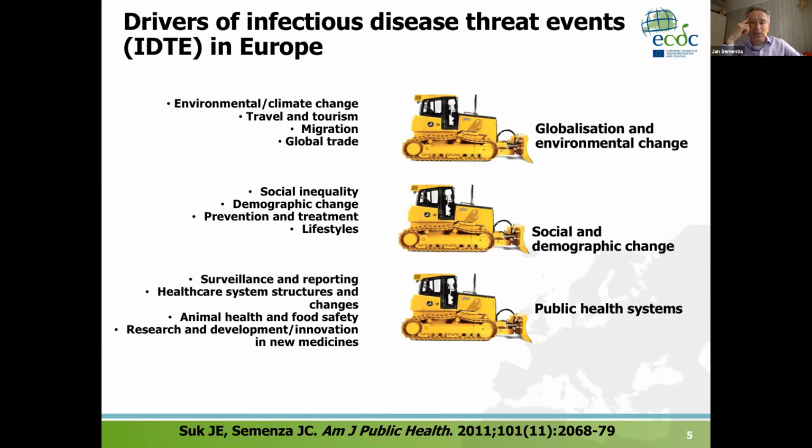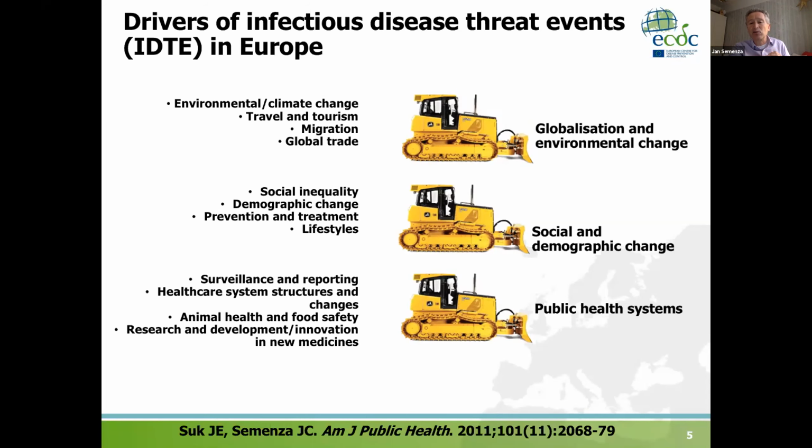For example, in the first category, we have environmental and climatic change, travel and tourism, migration and global trade, and we group those into global environmental change. Then in the second category, we have the social factors, so inequality, demographic change, prevention and treatment, and lifestyle. For example, vaccine hesitancy would be in this category, or use of processed foods, so the change of lifestyles over the years and things like that.